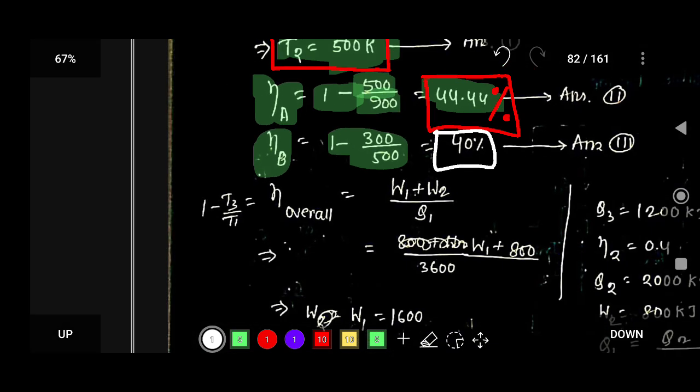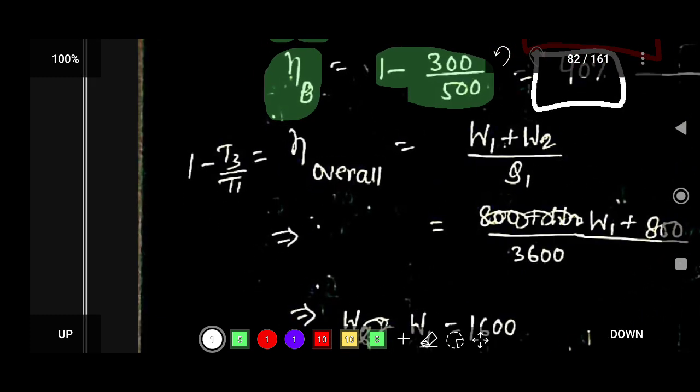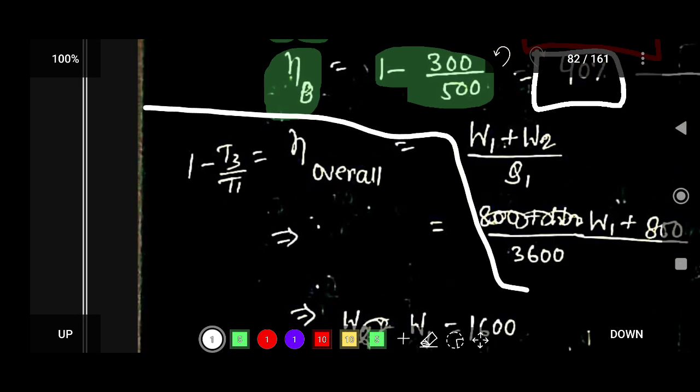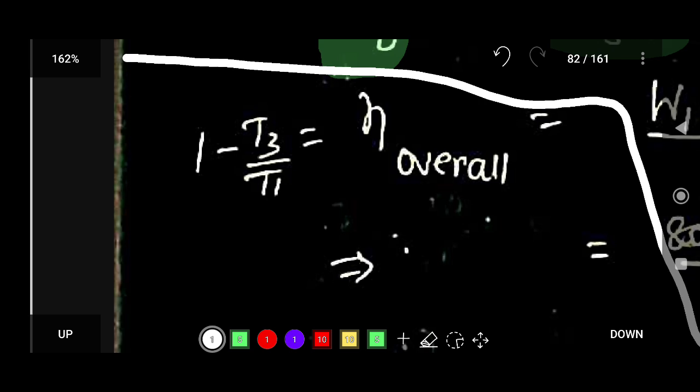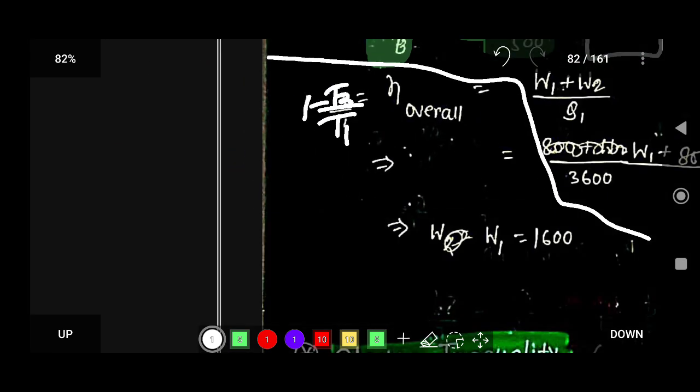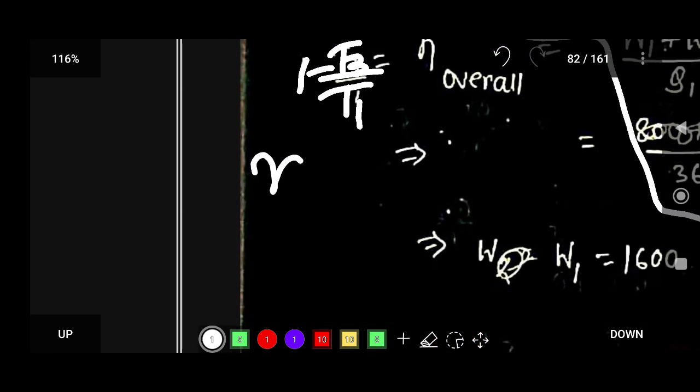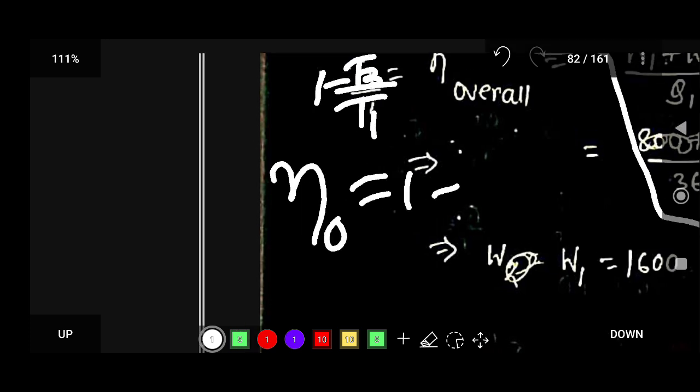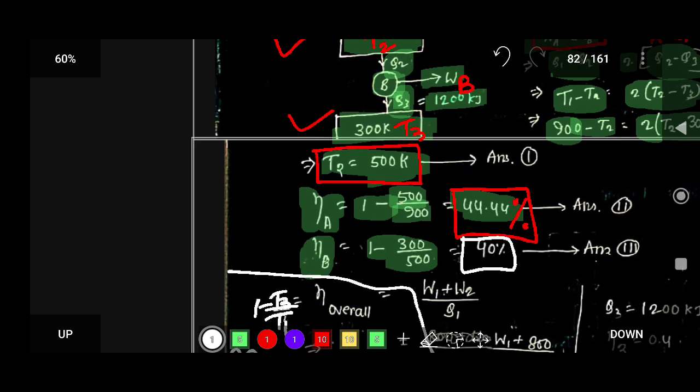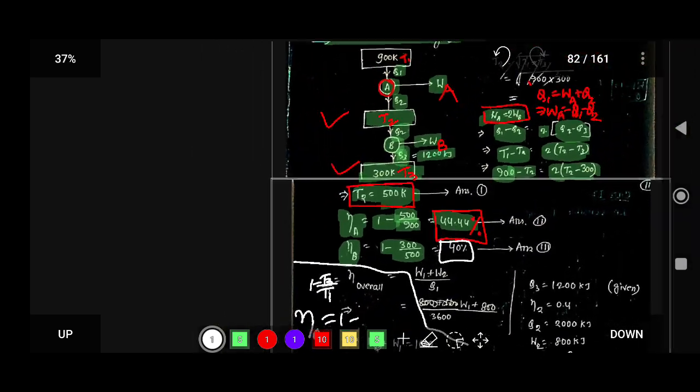And if you want to calculate the overall efficiency, the formula is 1 minus lower temperature by higher temperature, so 1 minus lower temperature T3 by T1. So that is equal to 1 minus T3 by T1. What is the value of T3? That is 300 by 900.